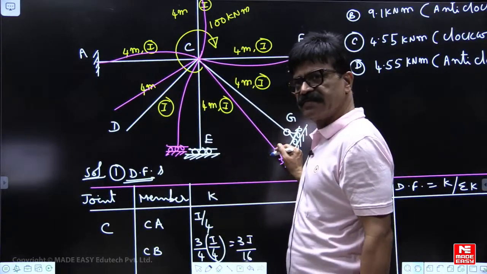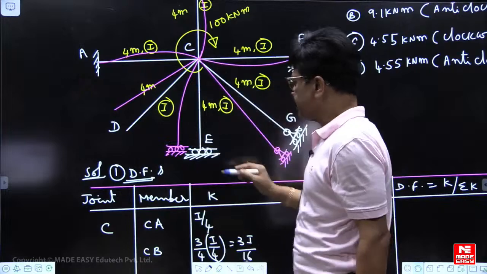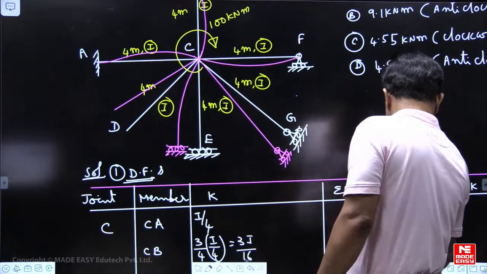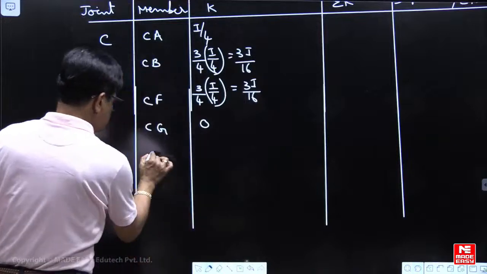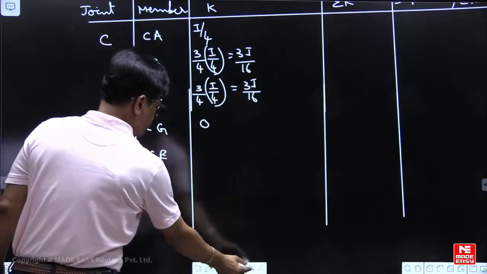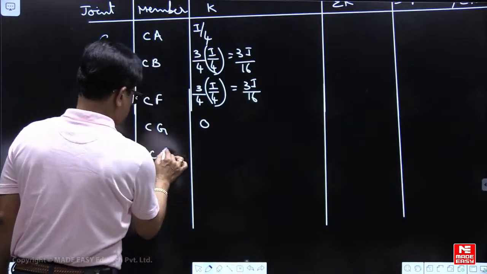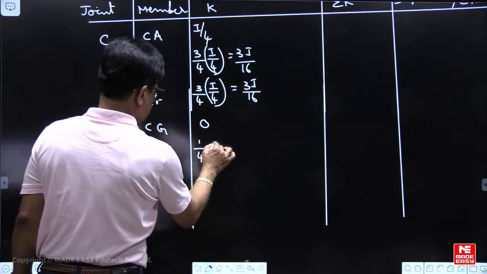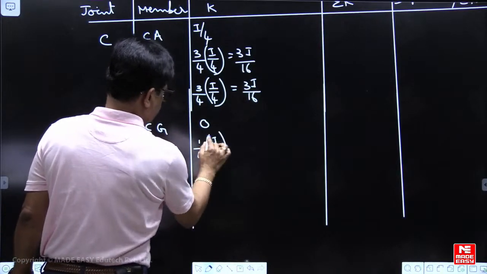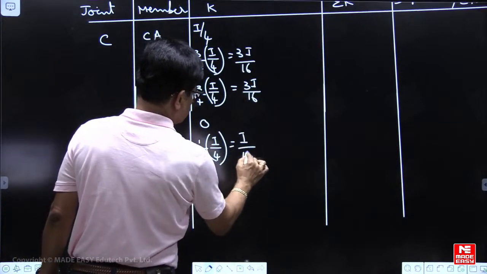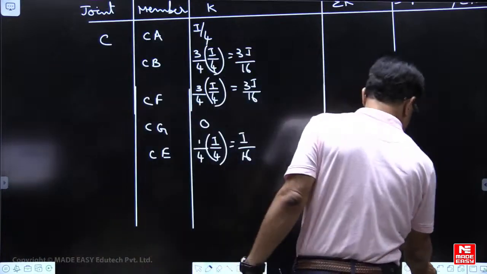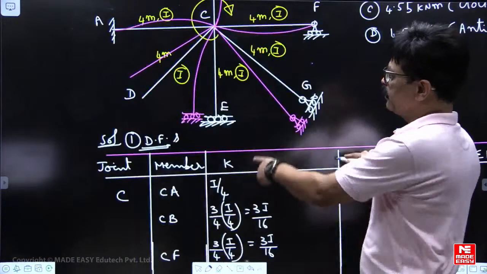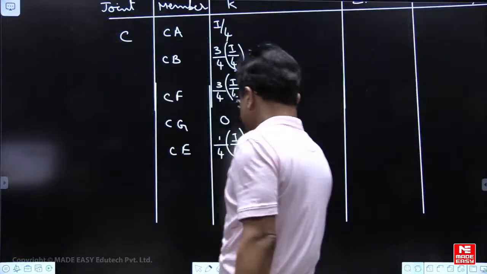Next, CE, 1 by 4 I by L. When far end is guided roller support, 1 by 4 I by L is the relative stiffness. CE is over. Next, CD is again 0. Far end is free.